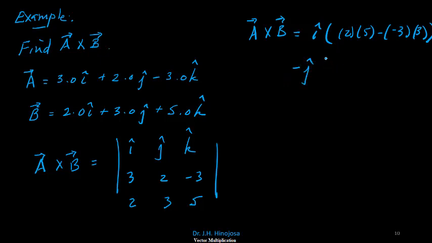Next, minus j, and we have 3 times 5 minus minus 3 times 2. And then plus k. For k, we have 3 times 3 minus 2 times 2.